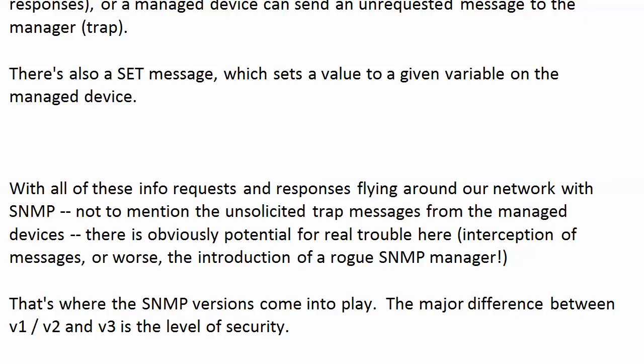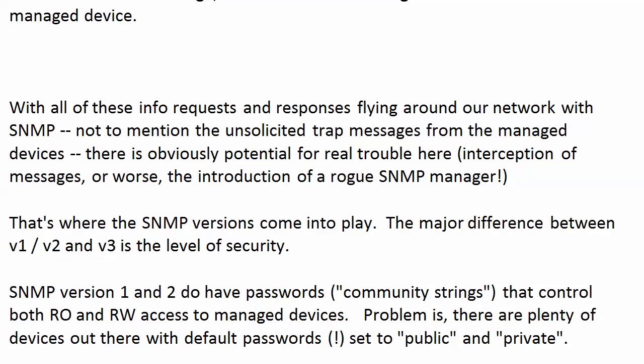Now, this is where the versions come into play. This isn't complicated. This is the only part where I have "simple" in quotes there. But the major difference between versions 1 and 2 and 3 is the level of security. I kind of lump versions 1 and 2 together here. Why? Because they do have something like a password. Of course, this is networking, so we can't just call it a password.